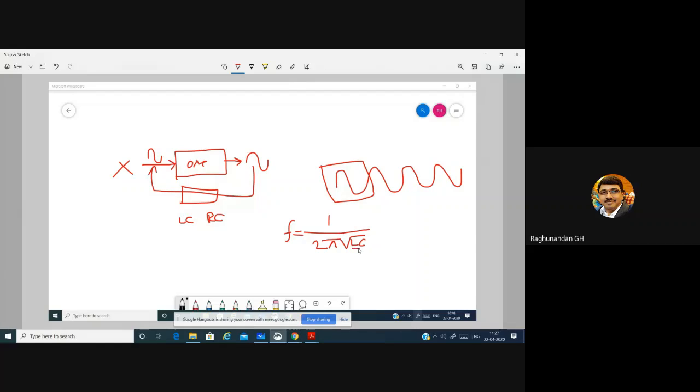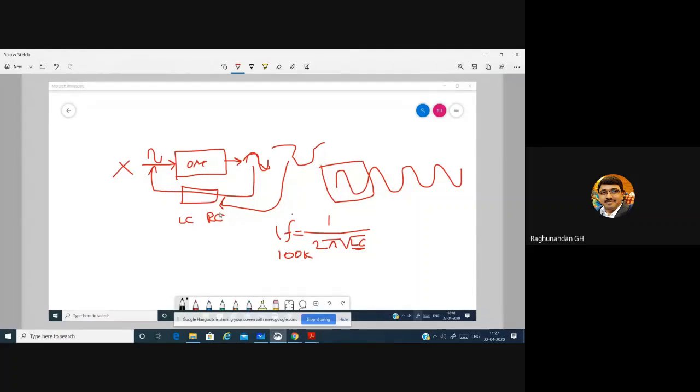By properly designing the L and C values, we can choose a particular frequency. Let us assume some noise is generated like this. When it is fed to this feedback network, the network tunes this noise to a particular frequency. Let us assume I have designed it for 100 kilohertz, so now this signal is tuned to 100 kilohertz.